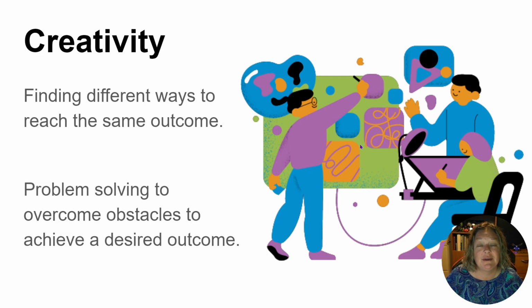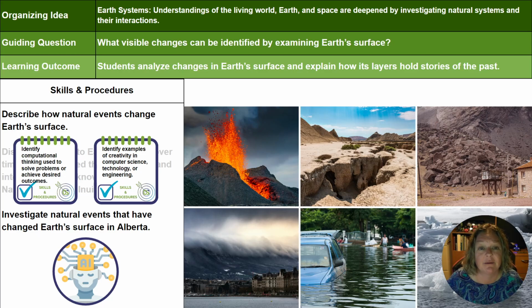So in grade 3, we see creativity coming up in your knowledge and skills and understandings. And we also see computational thinking explicitly coming out there, although it has been included as that higher level overarching piece of the organizational idea since kindergarten, and your students have been working on some of these skills even though they may not have been explicitly learning about them.